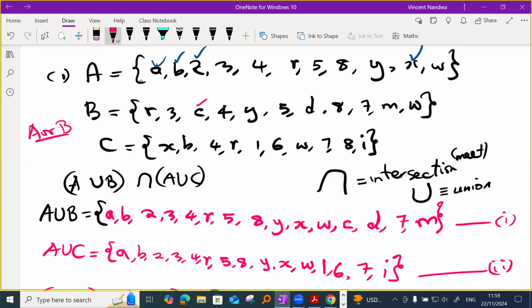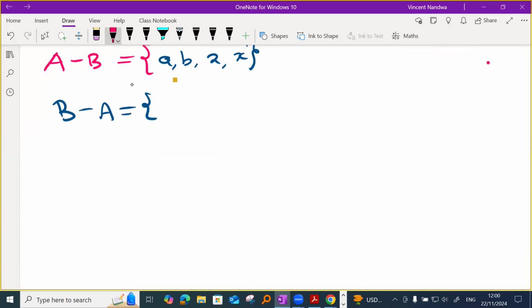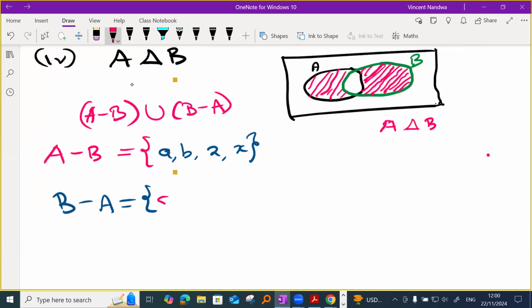So pick c. 4, y. 5, d. 8, 7, m, w. So we only have c, d, 7, and m.